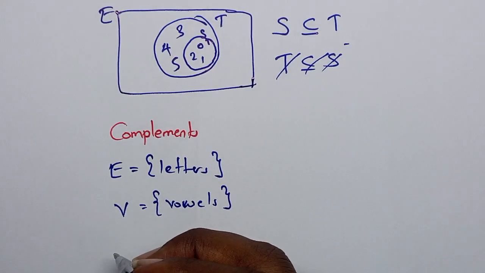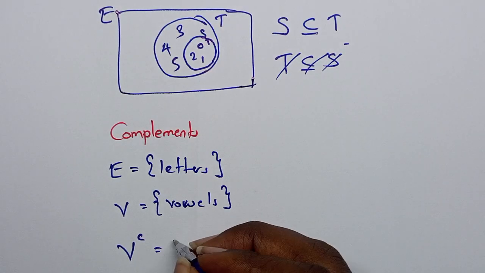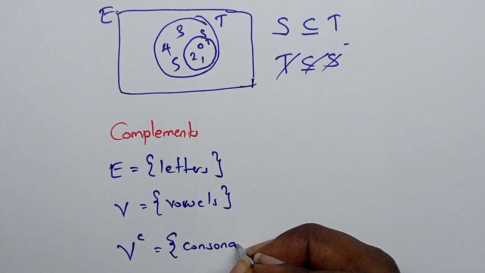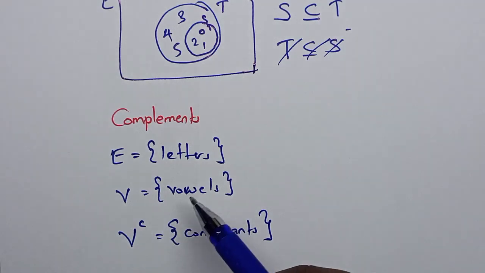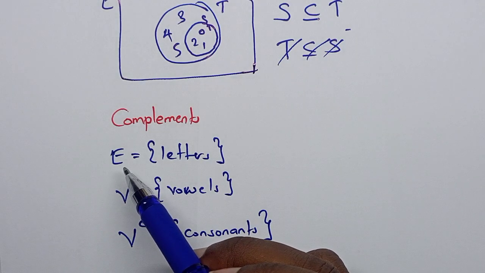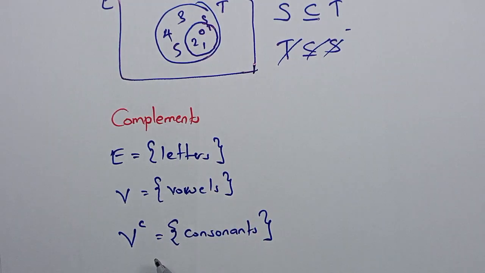Now the complement of set V, which is written like this, will be a set of consonants. It's whatever is not in set V but is in set E, that will be the complement of set V.